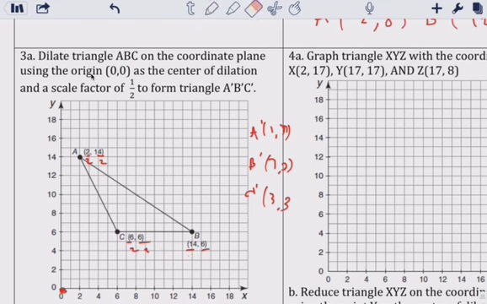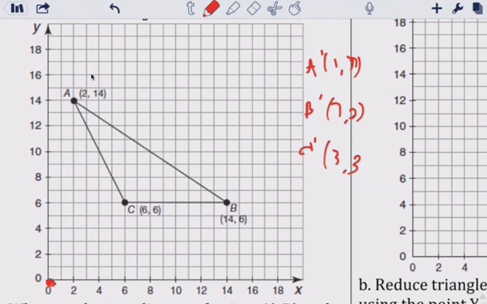Okay? So your coordinate A prime is (1, 7), B prime is (7, 3), C prime is (3, 3).